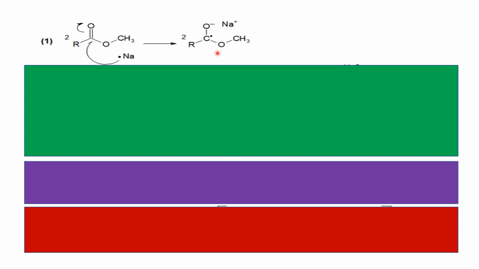Take down the first step. Better you write this plus, and again this same one, as 2. That means 2 molecules of this ester give rise to 2 ketyl free radicals.